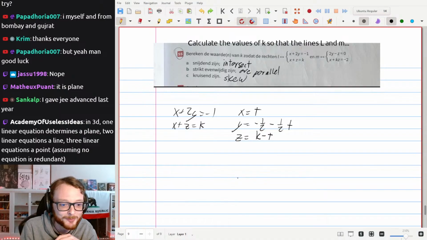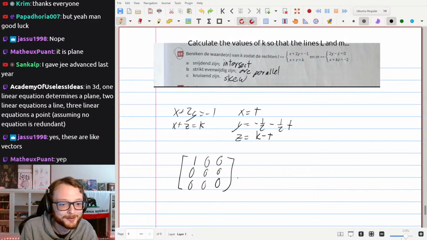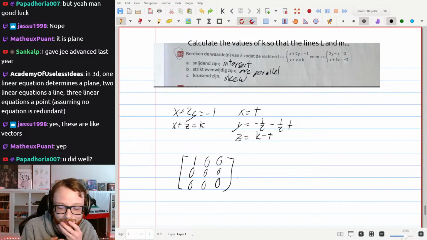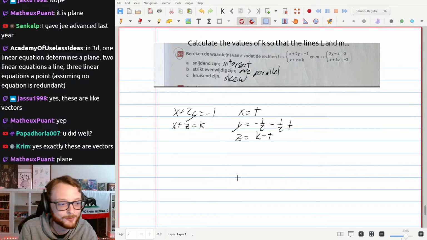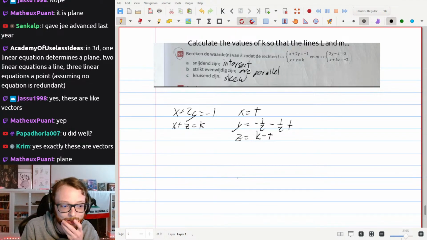Wait, I have to do the vector interpretation now. It's like a rank 1 versus rank 2 thing, right? If you just have rank 1, that defines a line, but then no, I know there's an interpretation there, I have it slightly backwards though. Like the null space is a plane. That's where I'm getting confused. If it's rank 2, the column space is a plane. I'm confused about whether we want column space or null space. We can make a vector out of this.